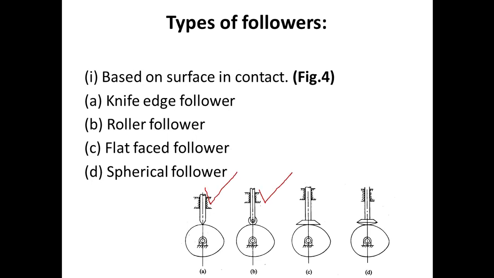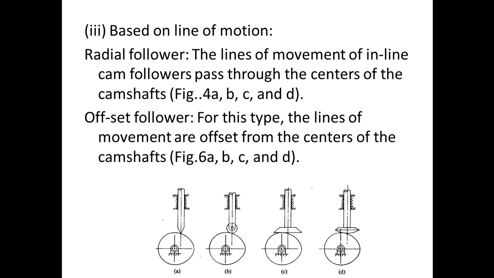So these two, knife edge and roller, are for your syllabus, one with radial and one with offset. So in total 4 types you have to study: knife edge with radial and offset, and roller with radial and offset.